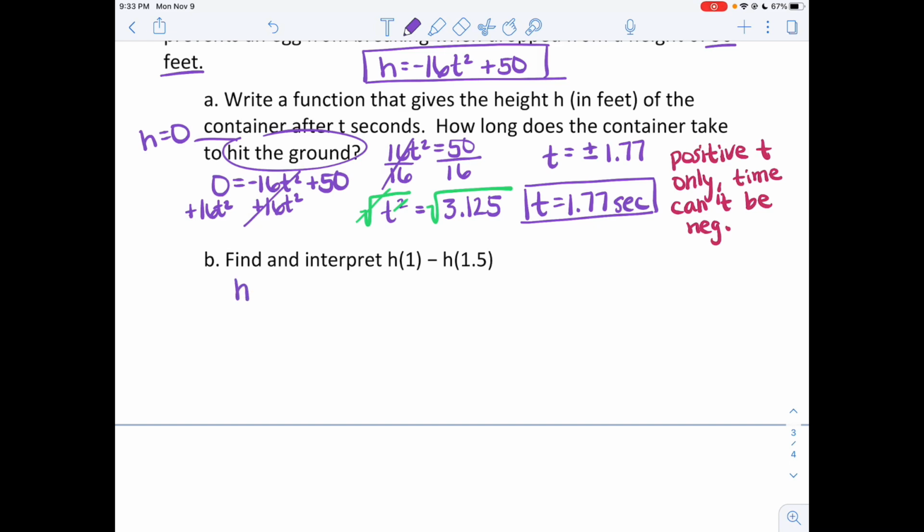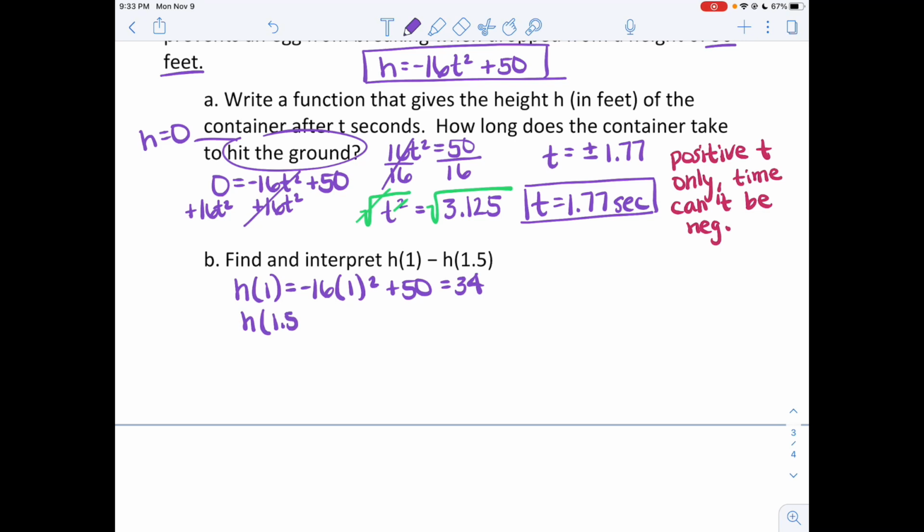So h, when our t value is 1, is equal to negative 16 times 1 squared plus 50. Remember our original equation, but now we're plugging in a t value of 1, and that's going to be equal to 34.